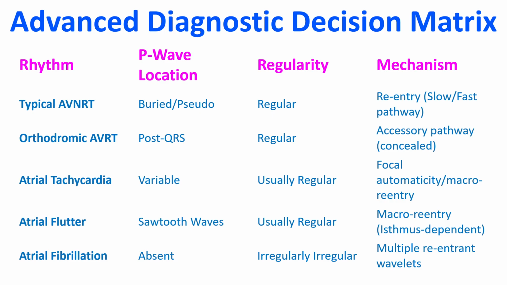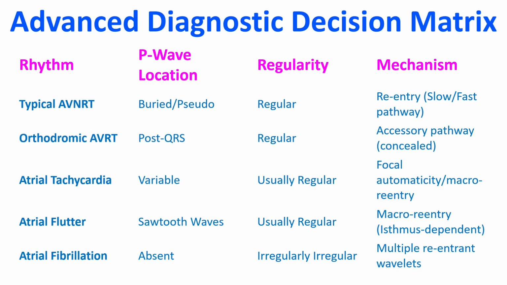Downward conduction is through the normal pathway, that's why the accessory pathway is concealed in the tachycardia. And atrial tachycardia, P waves are variable in location, usually regular.